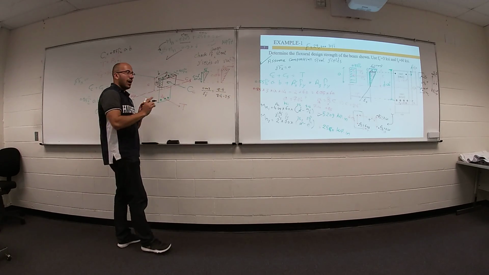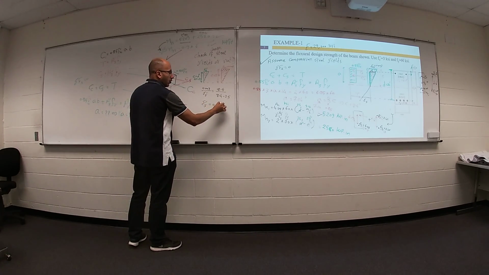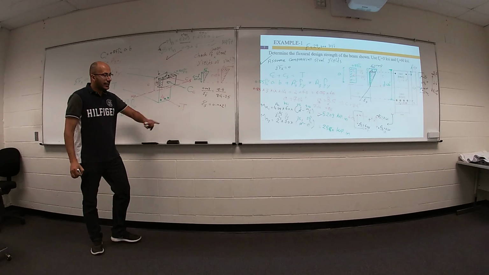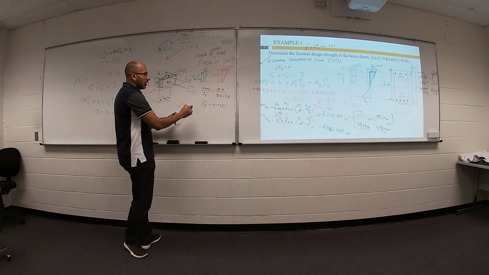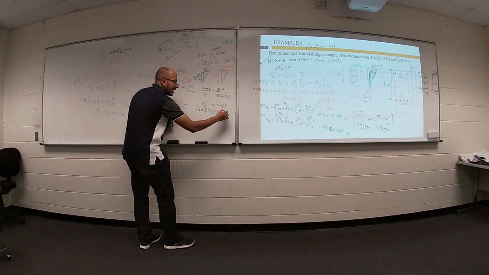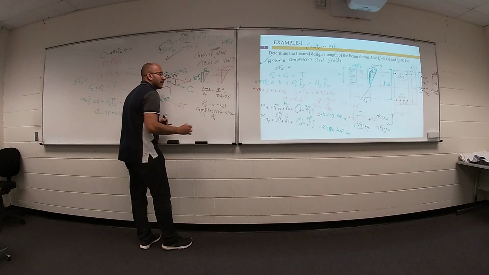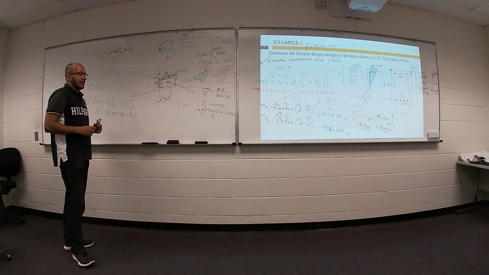Do you agree? I can calculate epsilon equals 0.0021. This value can be called the compressive strain in area steel prime, in the compression steel.